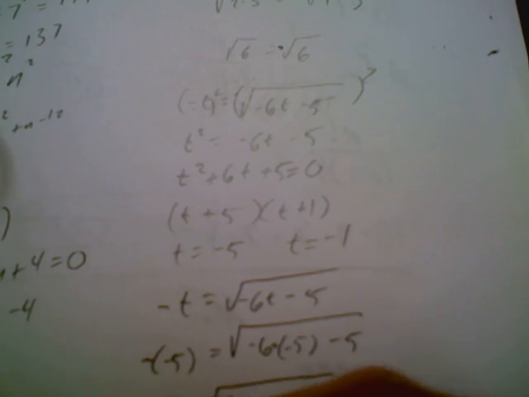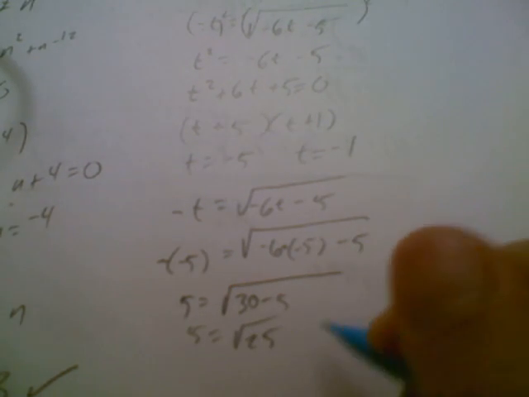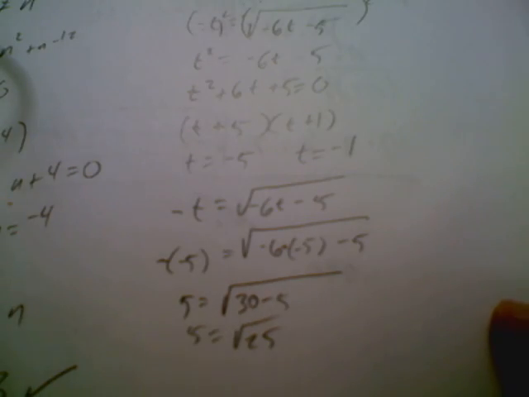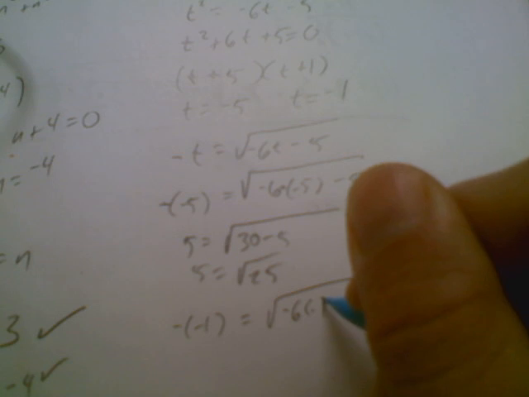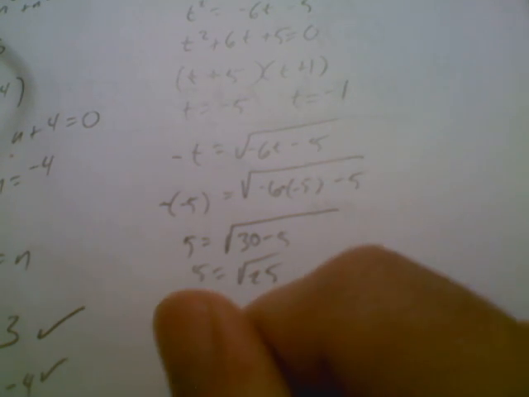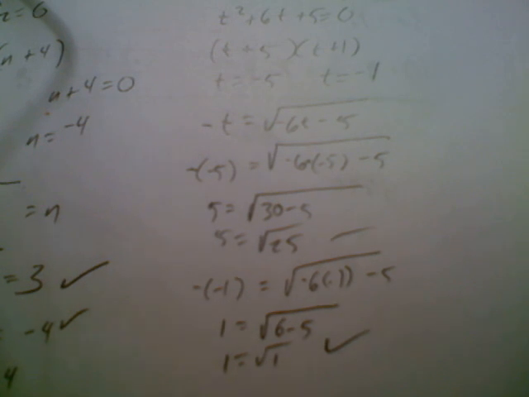So 5 equals square root of 30 minus 5. 5 equals square root of 25. So that one is not an extraneous solution. Let's try negative 1. Negative 1 equals square root of negative 6 times negative 1 minus 5. 1 equals square root of 6 minus 5. 1 equals square root of 1. Again, that works. There are no extraneous solutions.